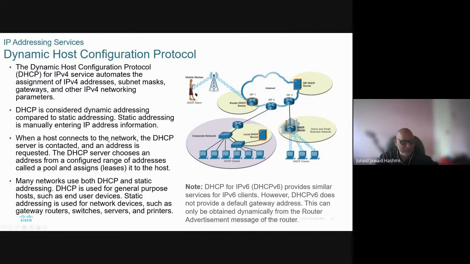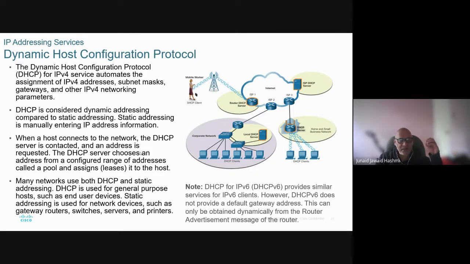Now, one thing about DHCP servers: you could have multiple DHCP servers on the network, but that poses a problem. When a client requests an IP address, the DHCP server that is physically closest to the client will respond, and the client will get an IP address from that server.